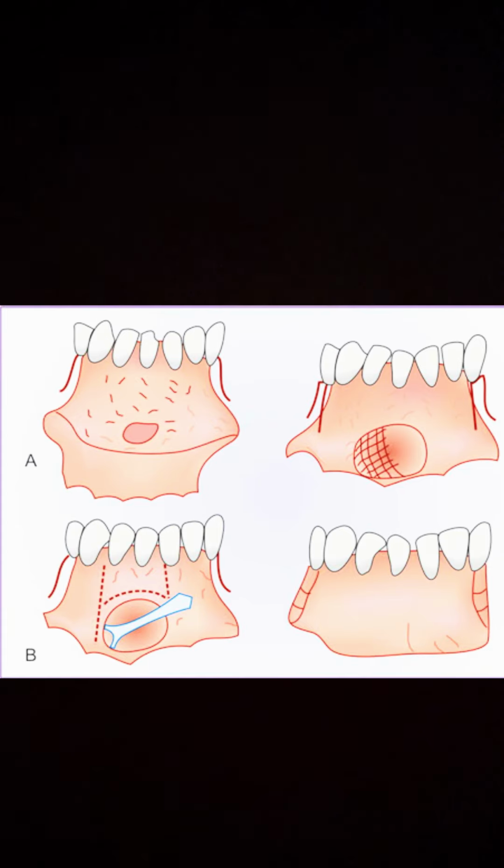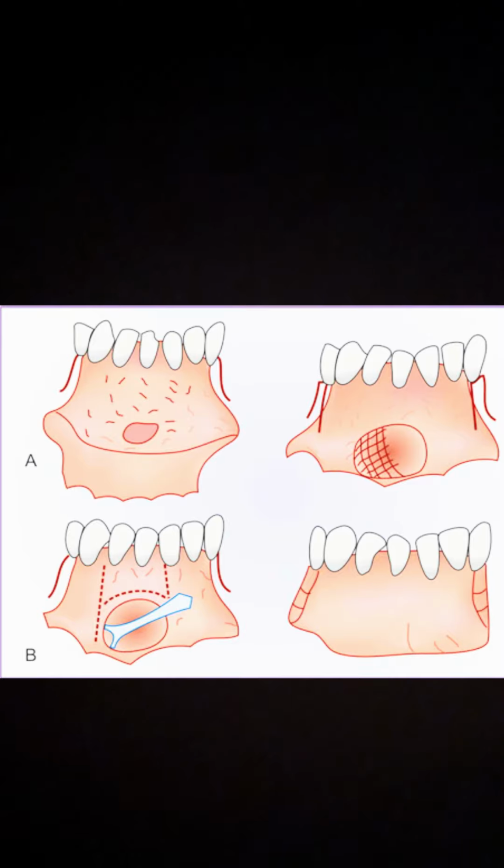Curettage is used in non-aggressive giant cell granuloma and aneurysmal bone cyst. Resection is used in solid or multicystic ameloblastoma, mural unicystic ameloblastoma, odontogenic myxoma, and odontogenic sarcoma.